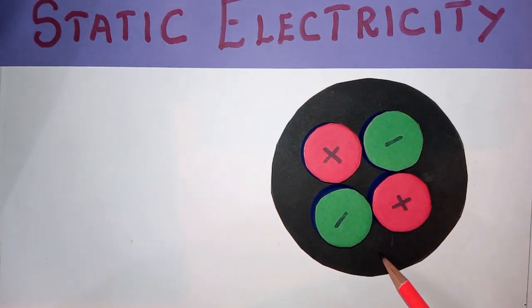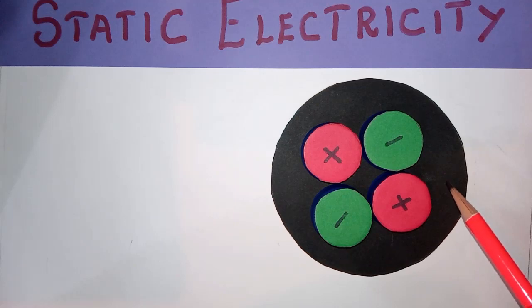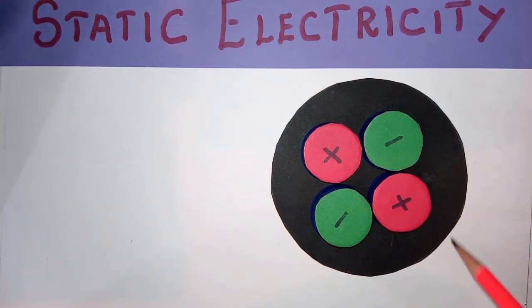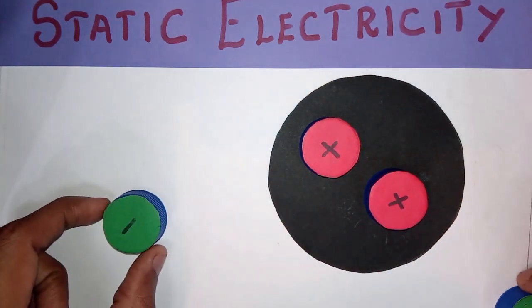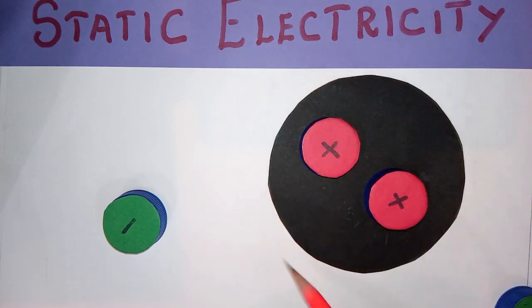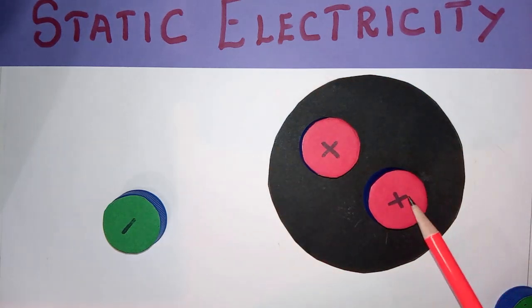How are we going to charge this object? Charge means it must remain with either only negative or only positive. With a simple explanation, when it loses electrons, this object remains with only plus.